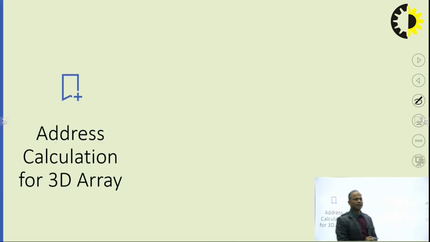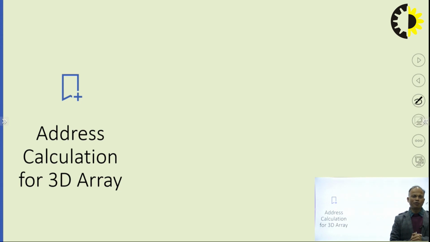Now we are trying to find out the address of a 3D location, how we can find out the address for the 3 dimensions. First of all, we need to write the formula, and the way is once again very simple for the 3-dimensional array.